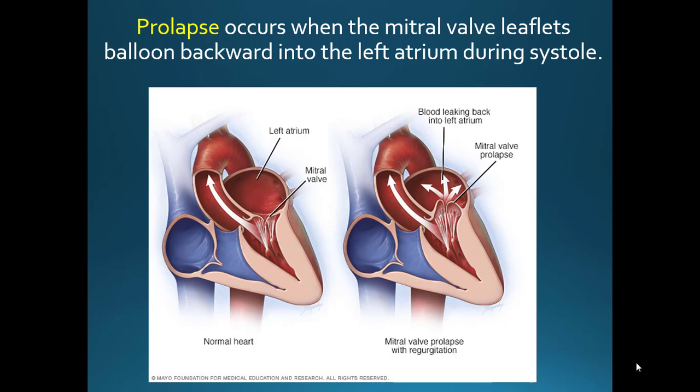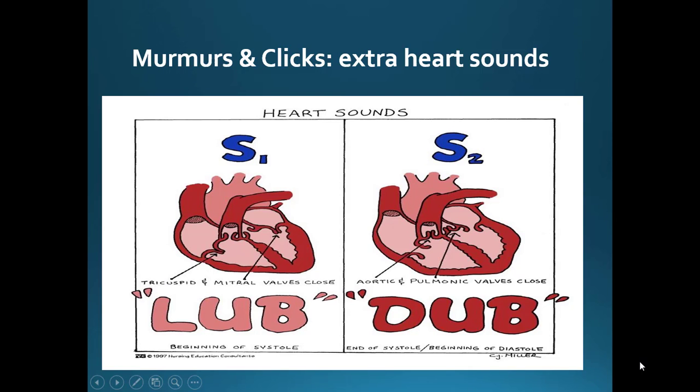Prolapse only occurs with the mitral valve, which is the only valve with 2 cusps. The loose leaflets balloon backward into the left atrium during systole, which may or may not result in regurg, depending on the severity. These abnormalities result in extra heart sounds, such as murmurs and clicks. Our 4 valves normally close at exactly the same time in pairs.